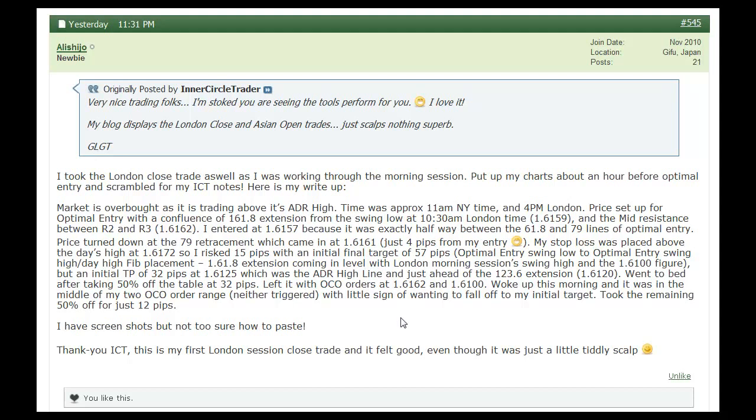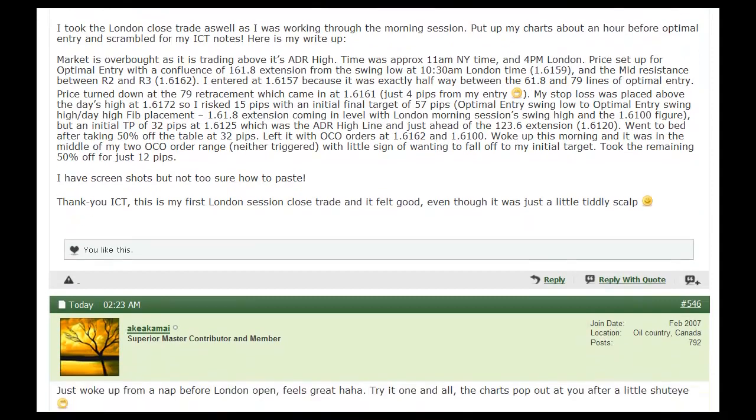Very first London session closed trade, and it felt good, even though it was just a little diddly scalp. Well, these scalps add up, and if you continuously look for one setup, and this could be one setup that you trade, or every one of us that follow the market can do, and it's very consistent. When it appears, it's very profitable. So kudos for that guy.